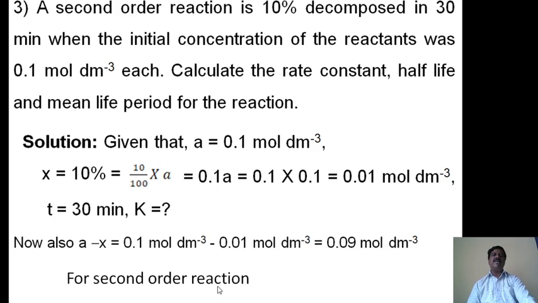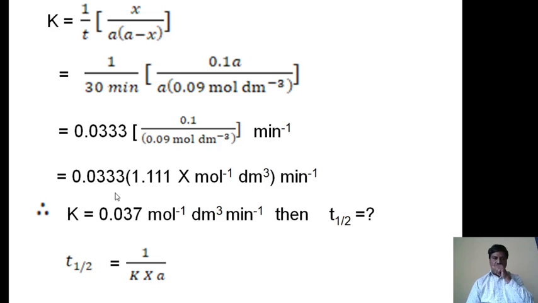For a second order reaction, when A is equal to B, K is equal to 1 divided by T into X divided by A into A minus X. This is equal to 1 divided by 30 minutes into 0.1 A divided by A into 0.09 mole per dm cube.